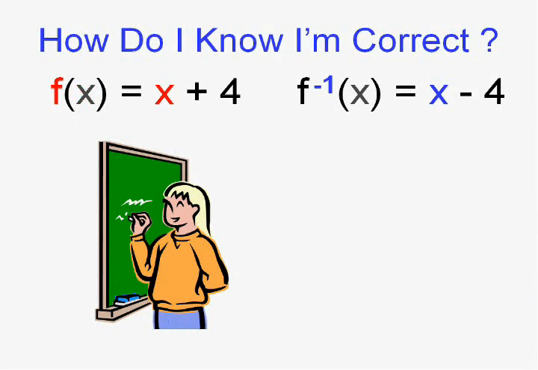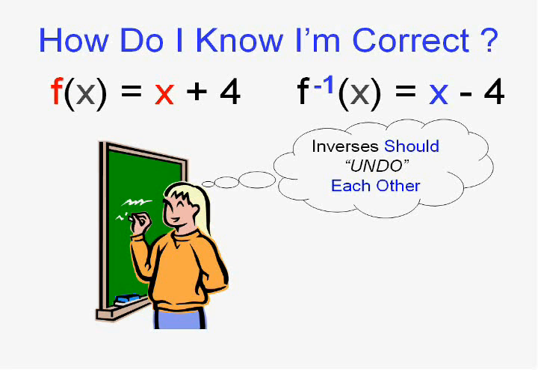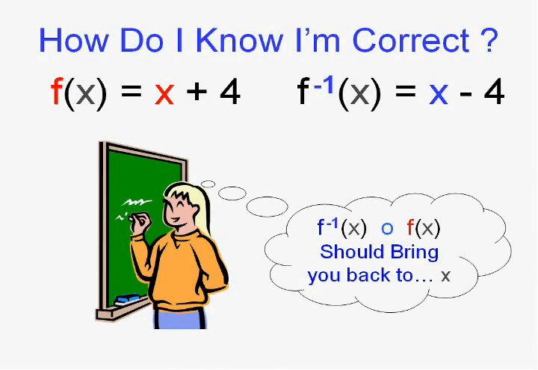Interestingly enough, you can test whether you've found the correct inverse function by doing something that we just covered called compositions. If we compose the inverse function with the original function, or f inverse of f of x, it should bring us back to x. And let's try that.